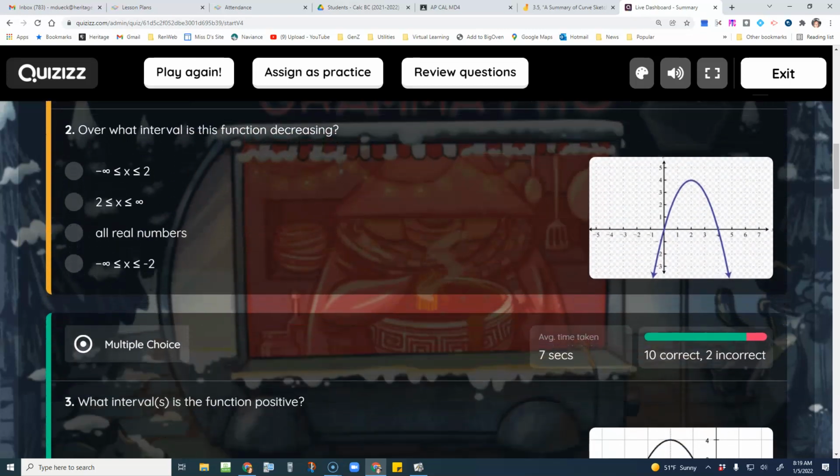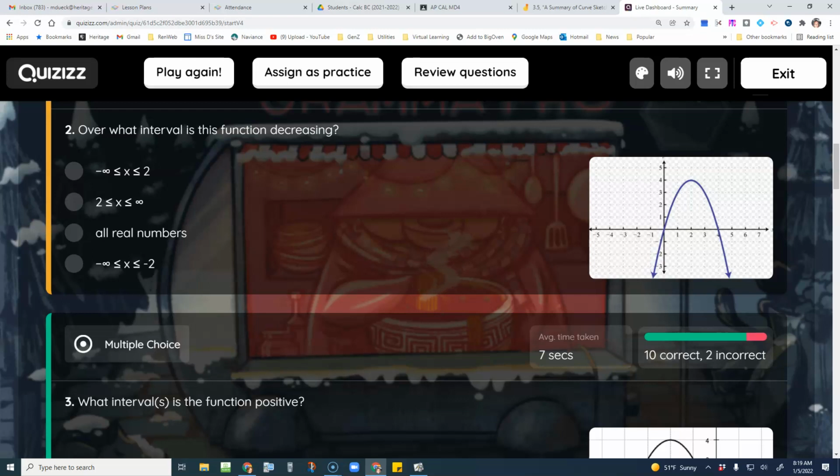It was how left, how right. Decreasing, what are we looking for? Where it's going down, because we just get to look at the graph. Where is the function? It's going down on the other side, right? But in calculus, what do we say about when it's going down? What's also true? What are the tangent lines? How are they sloped?